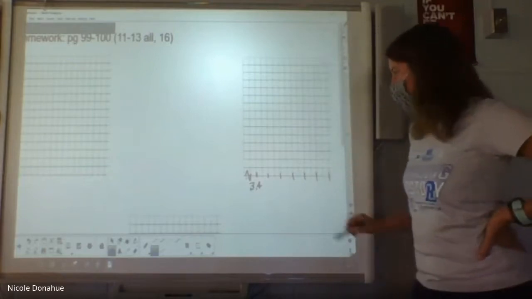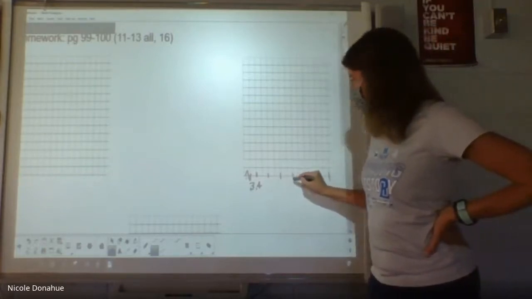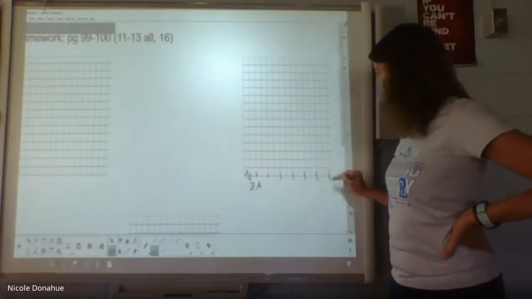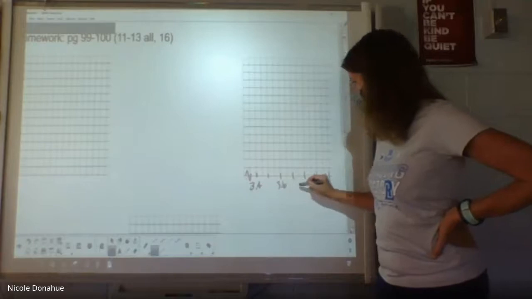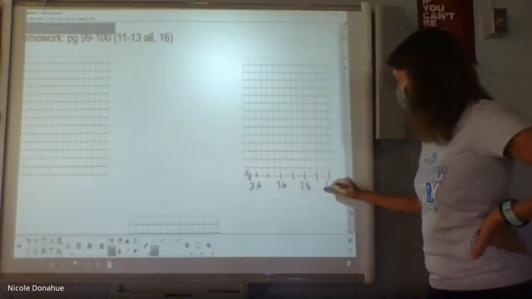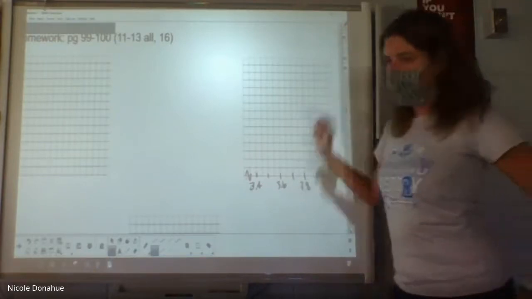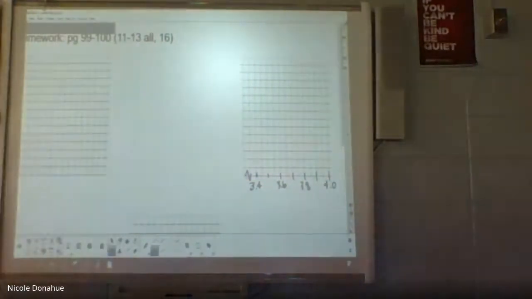So this is 5, 6, 7, 8, 9, 1, so 5 to do that. And then up the side, we have to do the number of bushels, and that goes from like 20 to almost 60.